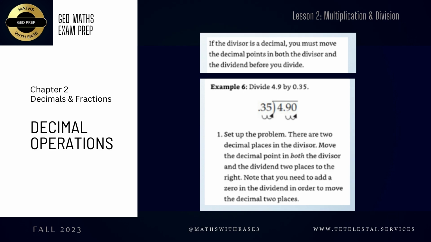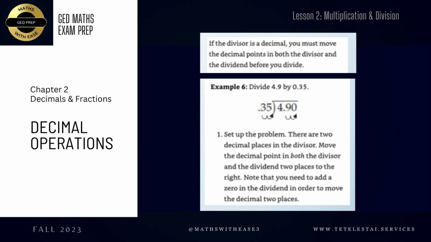So your divisor, 0.35, has 2 decimal places. So you need to move the decimal point in your dividend by exactly 2 decimal places. So start by moving the decimal point in 0.35 by 2 over to the right. So 1, 2, because we want to make it a whole number. So now we have 35. And then you would also move the decimal point in the dividend by exactly 2 decimal places.